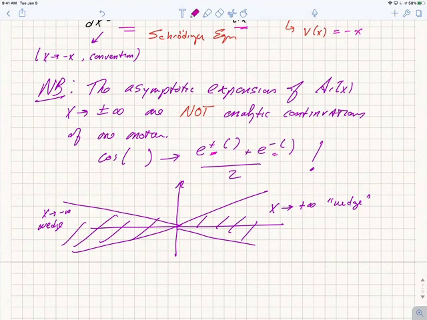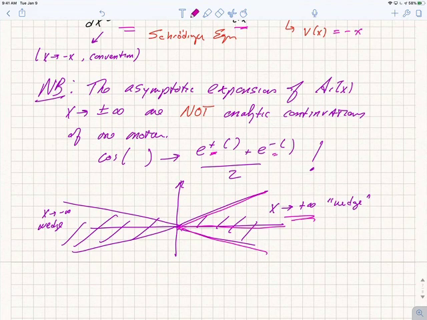This is an example of the Stokes phenomenon that we talked about, that in general, when we do these asymptotic expansions, they are only true in some kind of a wedge in the complex plane. So if I'm doing the expansion that's valid as x goes to plus infinity, it's true in some wedge-shaped region like this.